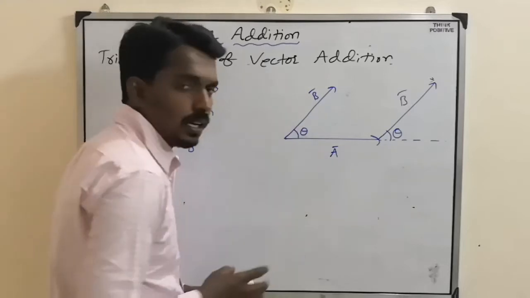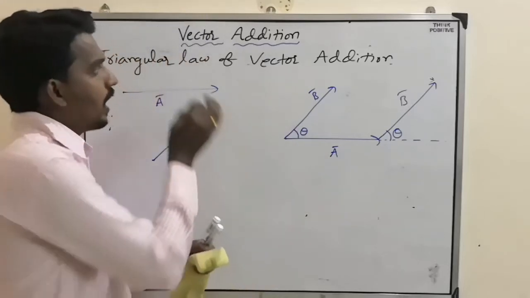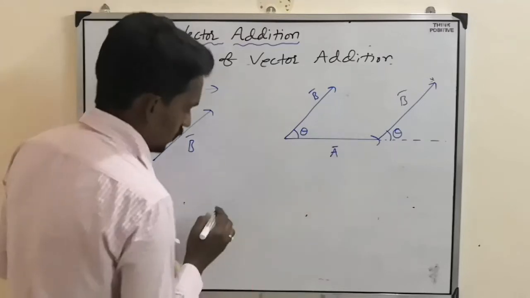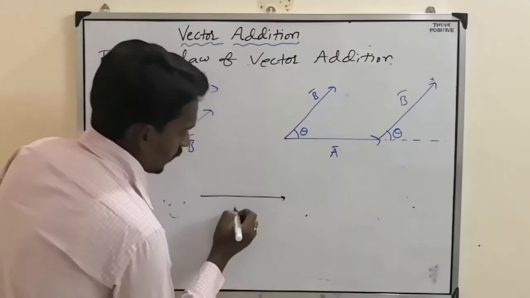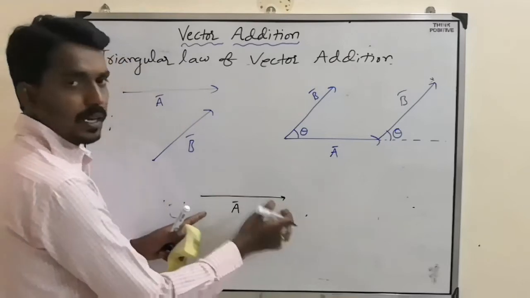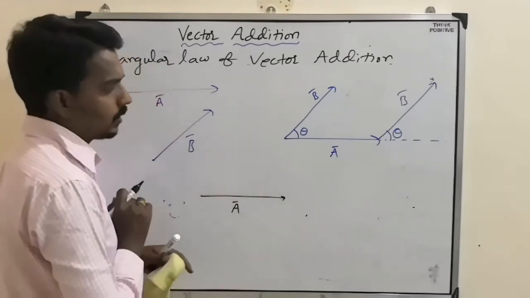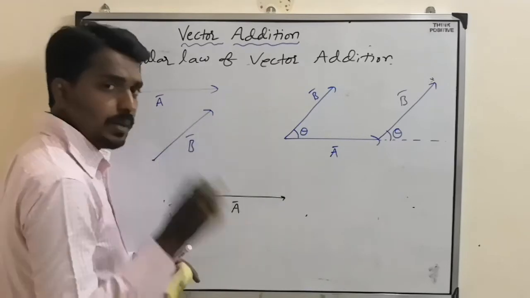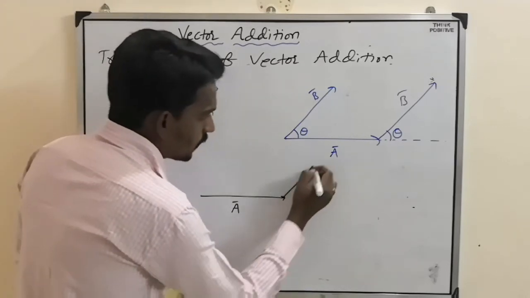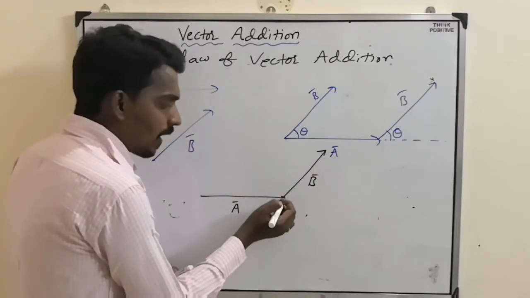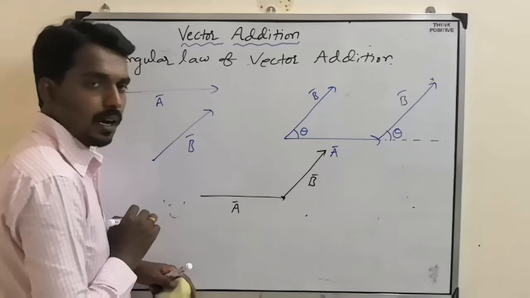Then from here, what does the triangular law of vector addition say? First draw one vector, A bar. Now I am drawing A bar here. I am not changing the direction, I am not changing the magnitude. Then draw B bar such that it starts from the final point of A bar.